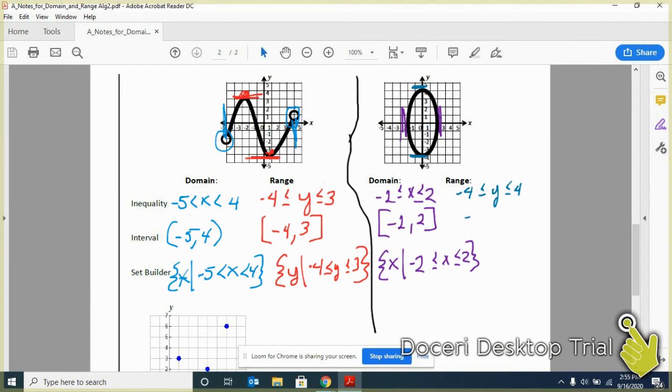Interval notation, -4 to 4. Again, because they're both equal to, brackets. And then my set builder, which I'm going to kind of squeeze in here again, values of y such that, okay.